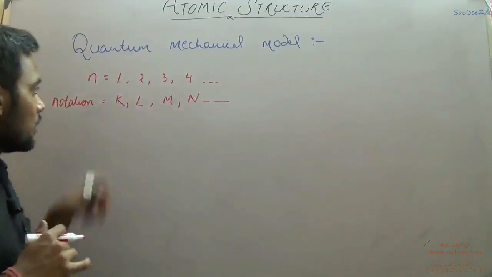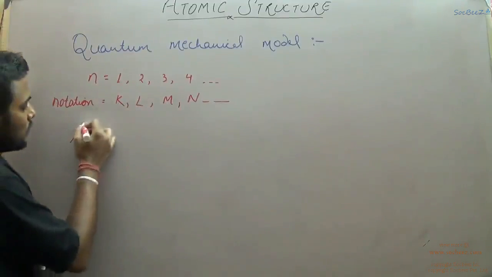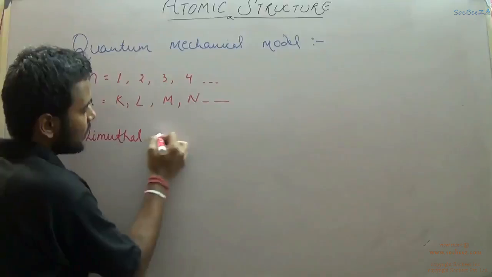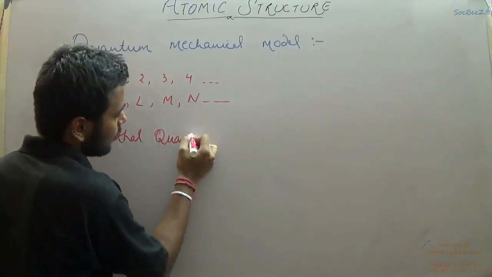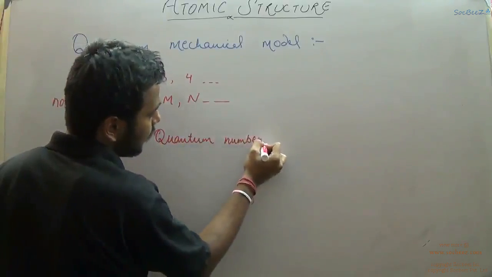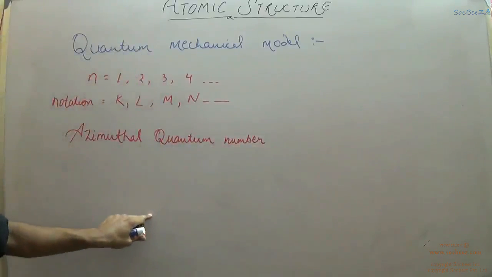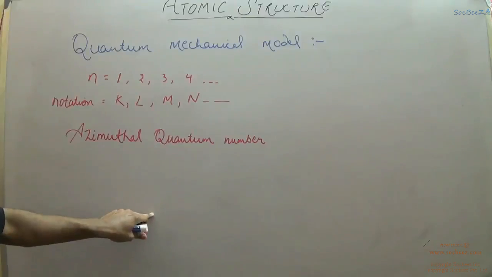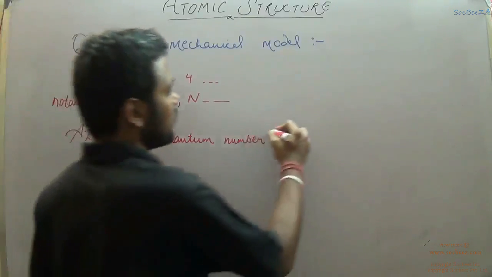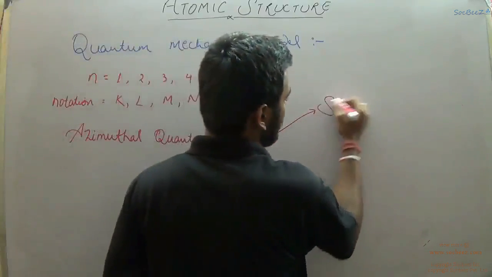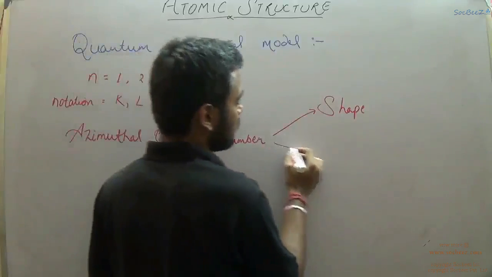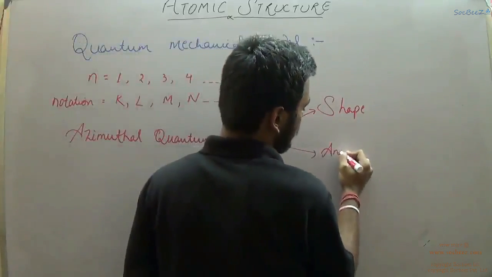Okay, so now in case of the azimuthal quantum number, it gives you information on the shape, and also it gives you information on angular momentum.